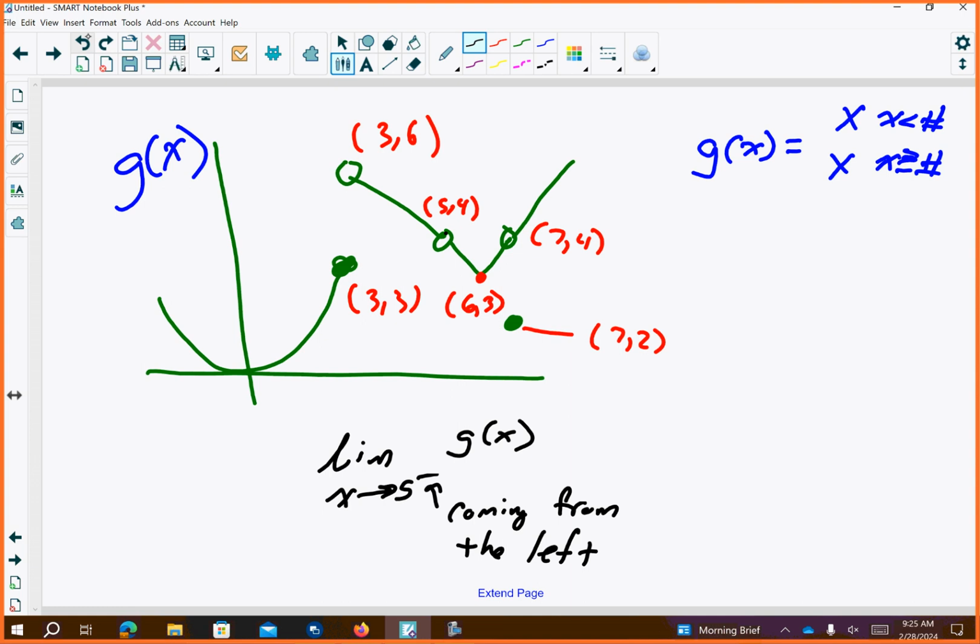The answer is yes. So what is the limit as x approaches 5 from the negative? The answer is 4. From the positive? It's also 4. As x approaches 5, from either the left or the right? That is also 4. Okay? So that's going to mean a whole lot when this starts transpiring.